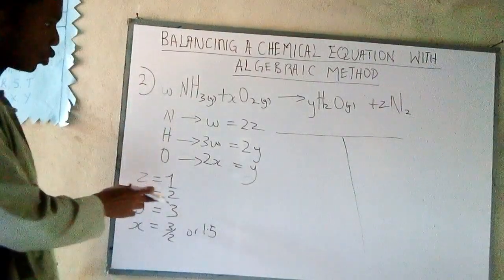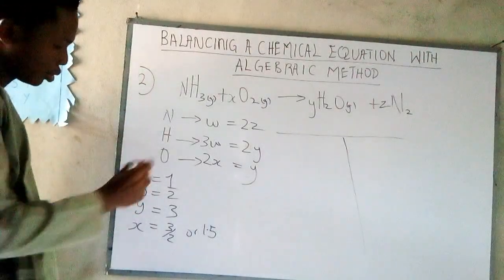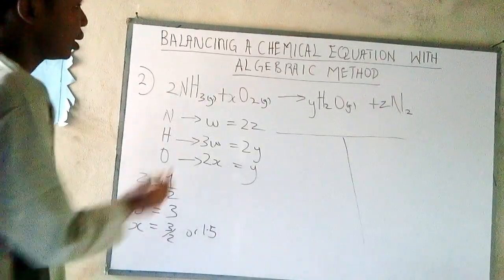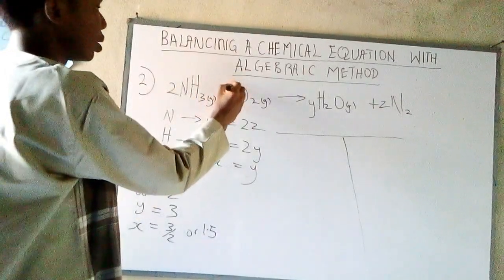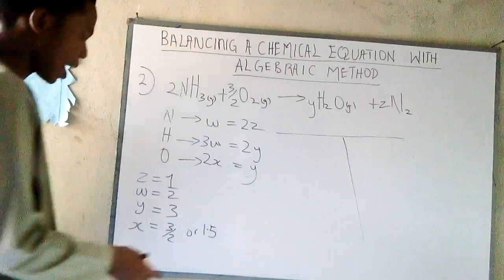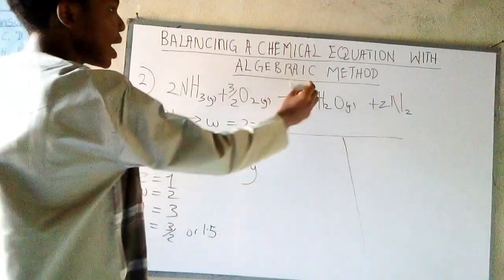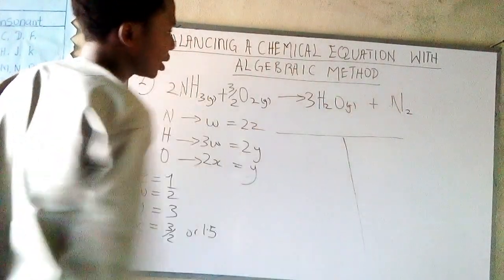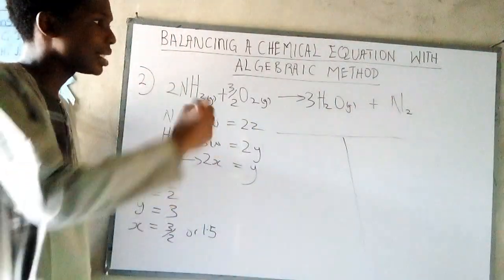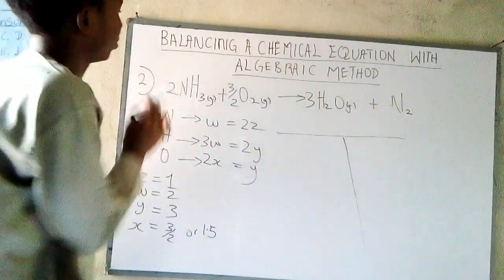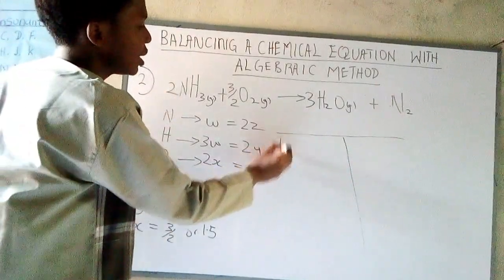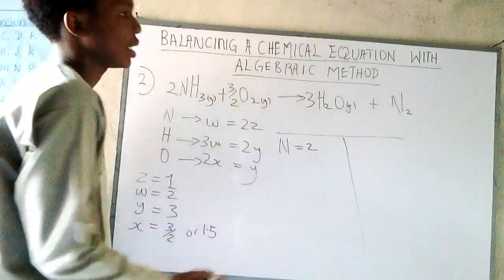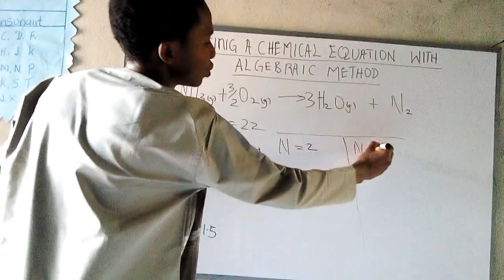W is 2, we have X to be 3 over 2, then Y to be 3, and Z is 1, so we don't have to write it. So let's check if we balanced this equation correctly. We have 2 nitrogen. How many nitrogen do we have on the other side? We have nitrogen to be 2.